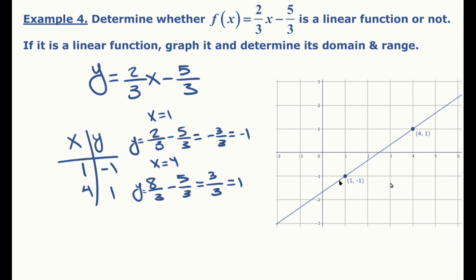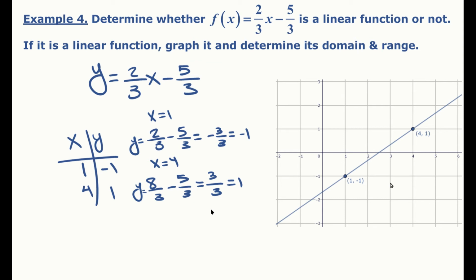Remember, oblique lines are lines that are neither horizontal nor vertical. For all oblique lines, we know that the domain and range will always be the set of real numbers. We know that they're all functions because they all pass the vertical line test, and therefore this is a very typical linear situation.